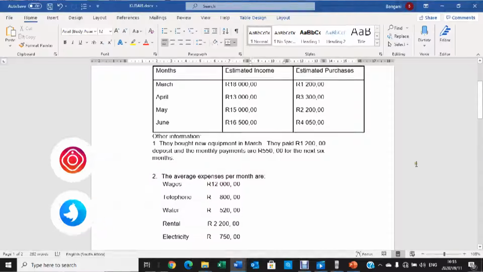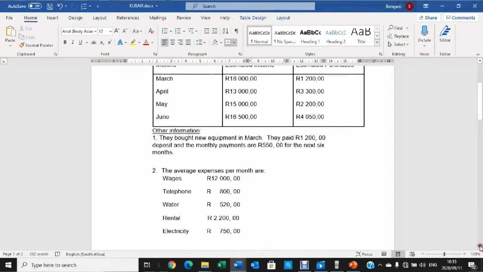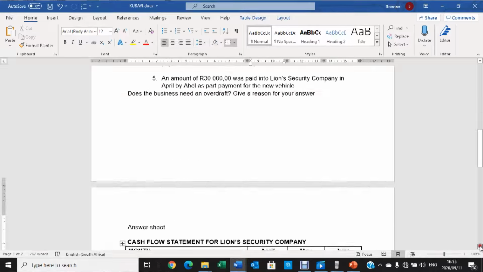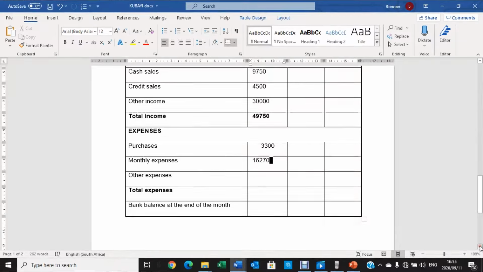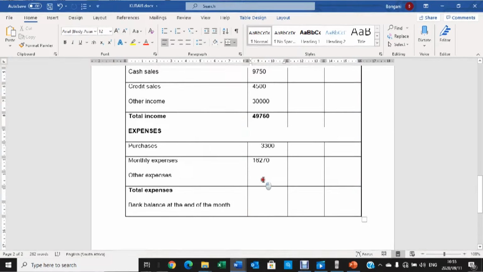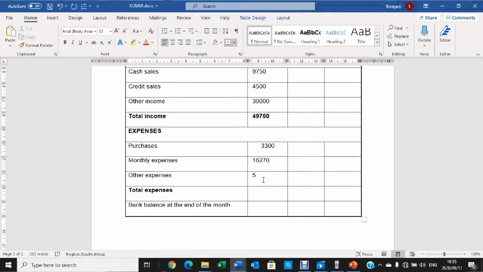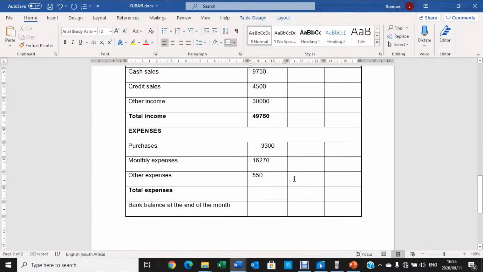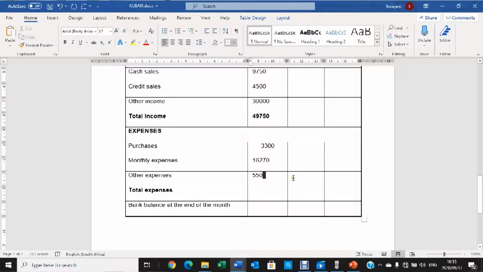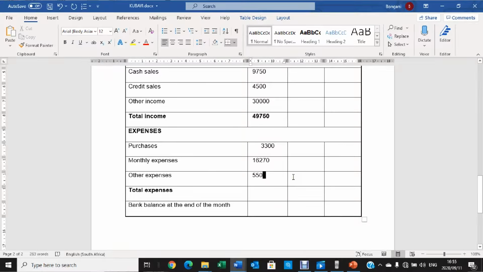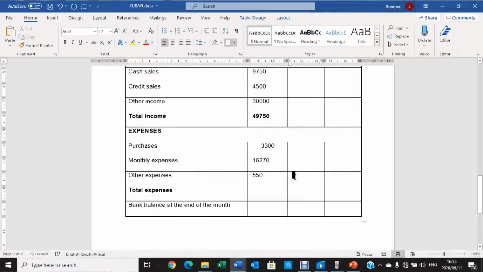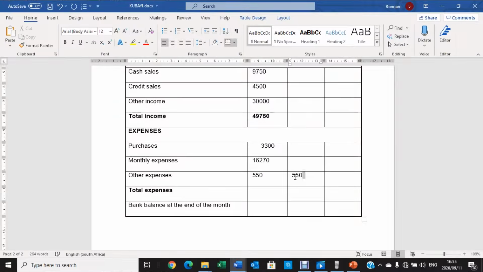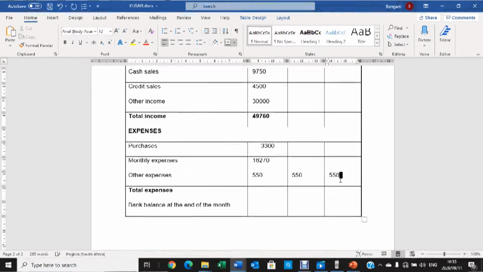Then our first thing that we need to do, we go back to our addendum and record the 550 for the month of April. But remember, we are told that they are going to pay the 550 for the next 6 months, meaning that again in May we can record our 550, which it is for May, and June as well, 550.